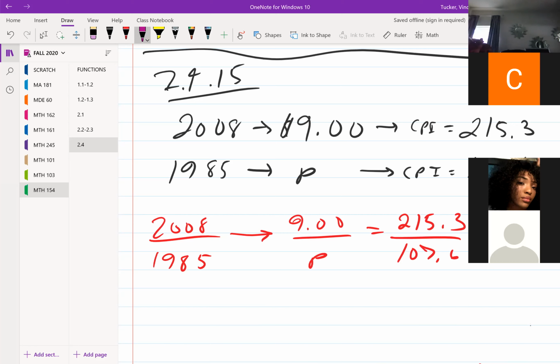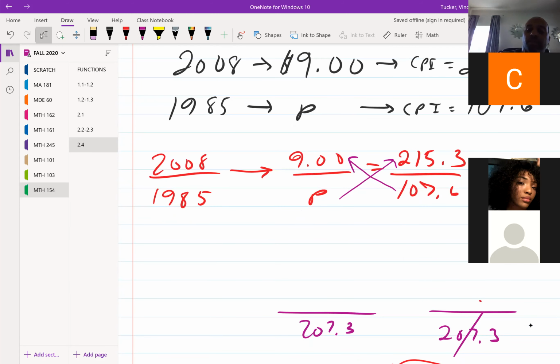Once again, there are a couple different ways you can set up this proportion. I just gave you an easy way to think about it in this case. So put all your same year information on top and the other information on bottom. So now we can cross multiply. 9 times that 107.6, P times 215.3.